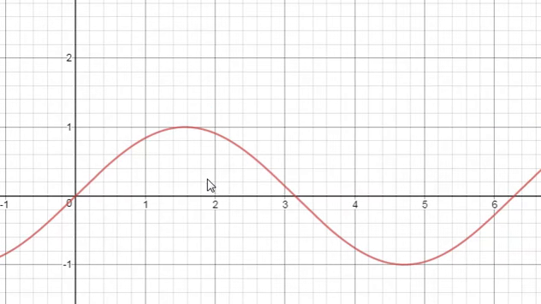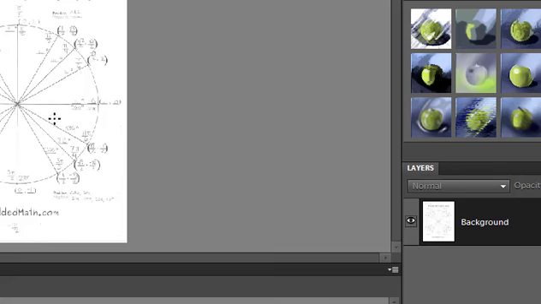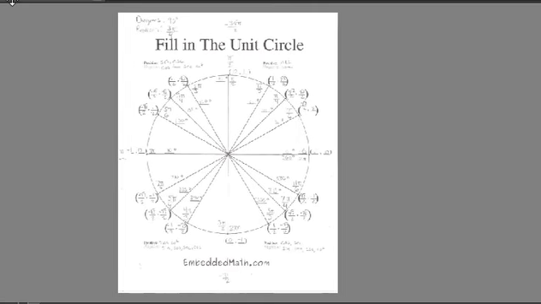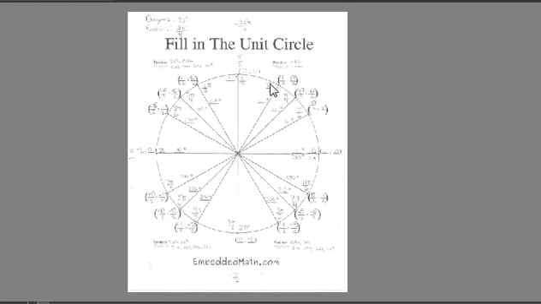But keep in mind that these things go on and on. So one of the traps of the unit circle is people go around the unit circle one time and forget that you can keep going around it more than once. One of the things we're going to talk about here is sine, and like you saw on that sine wave, it keeps going. So keep in mind that you can make multiple trips around the unit circle.